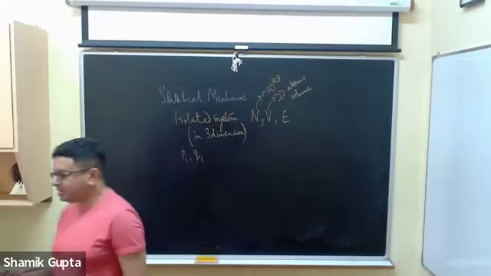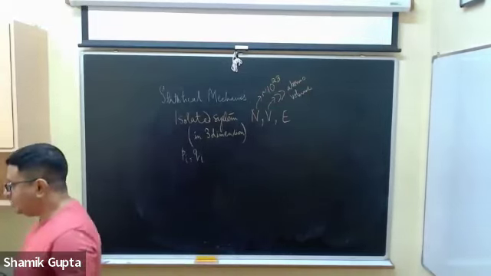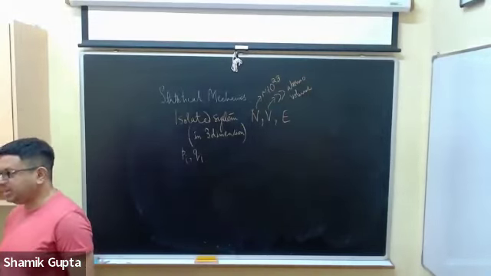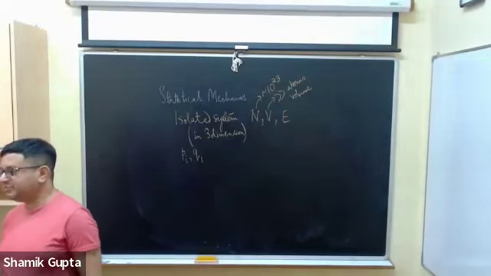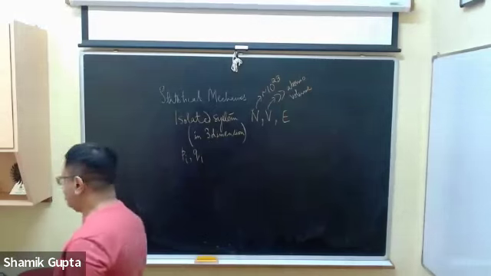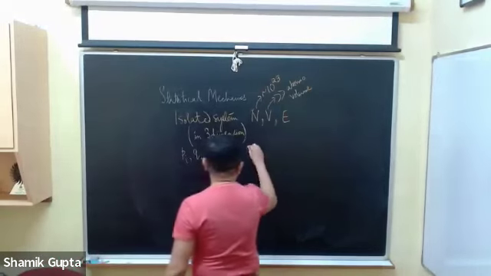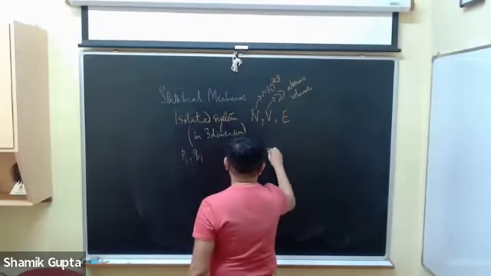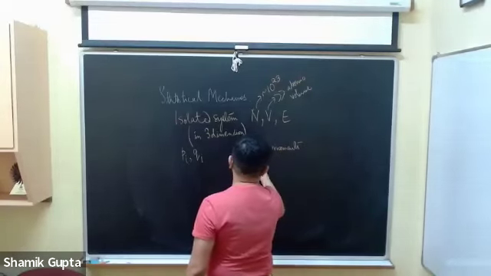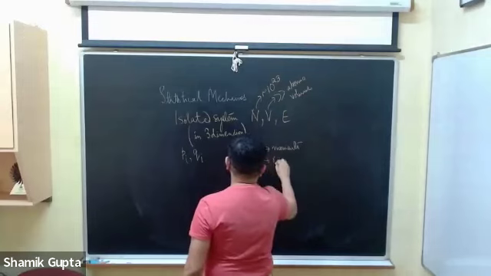So how many particles are there? I have n particles. For each one of them, I have 3 values of momenta and 3 values of coordinates. So therefore, in total, I have 6n real numbers, because I have 3n momenta and 3n coordinates.